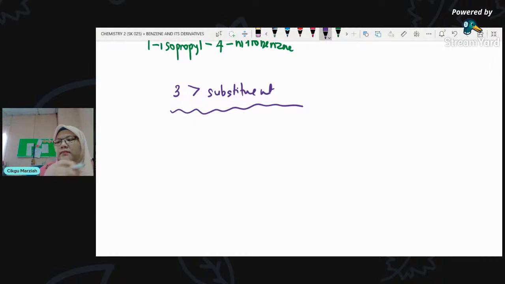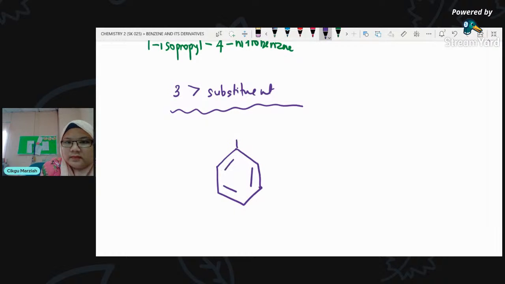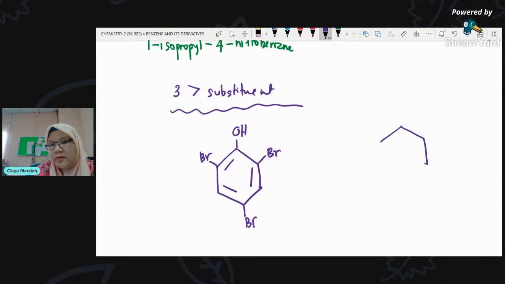Okay, I have one example. We draw the structure first. Okay, I draw the structure first. You all boleh tunggu dulu.